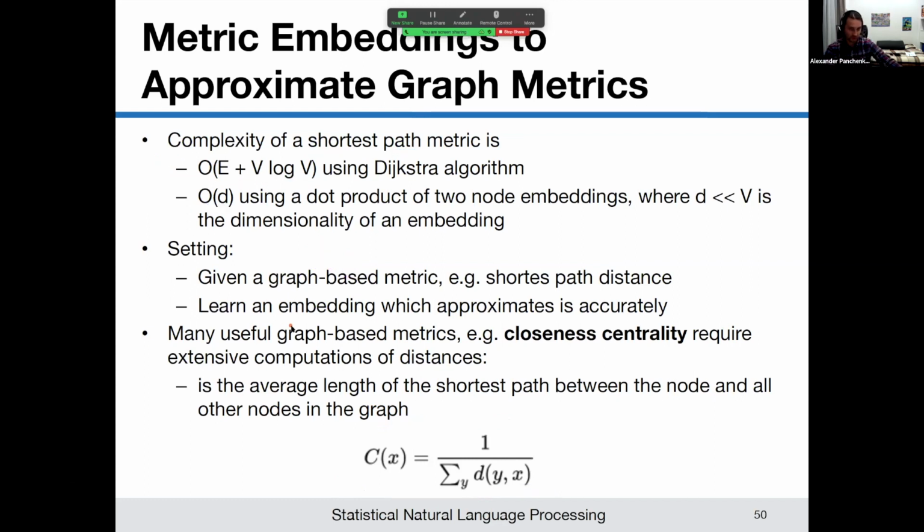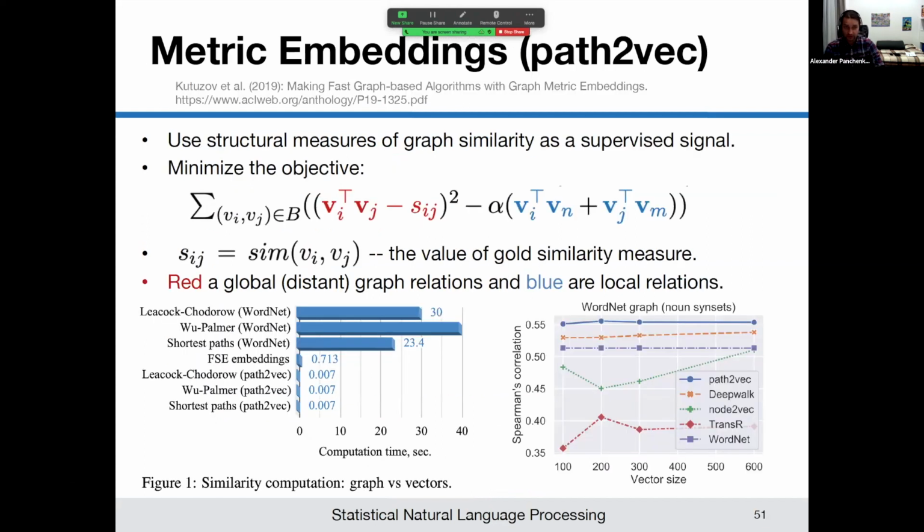So these kind of computations might be useful to define some centrality or some properties of the linguistic graph, but it's very intensive.